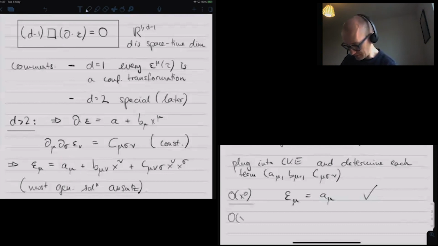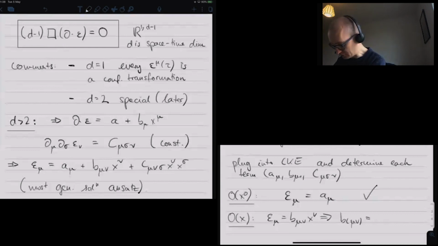Order x to the power 1, so x mu: we plug in epsilon mu equal to b mu nu x nu. And the conformal Killing equation then tells us that B symmetrized should be equal to 1 over d times B lambda lambda eta mu nu.